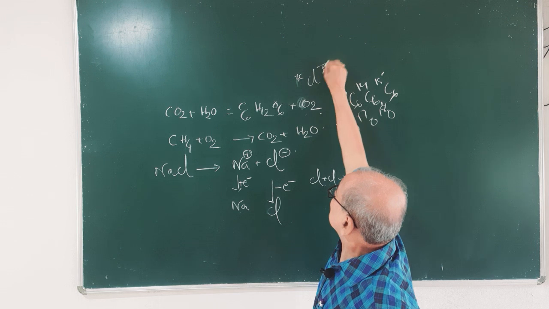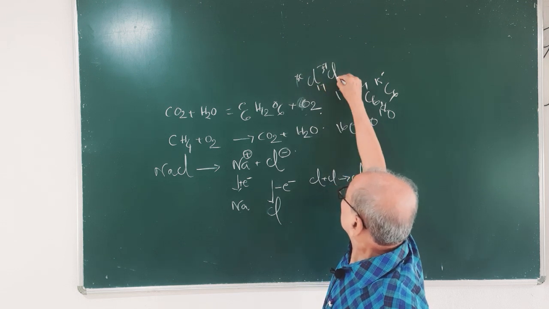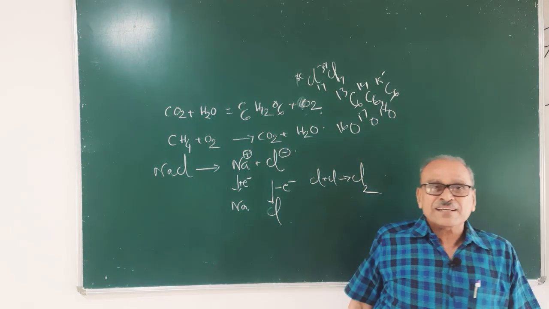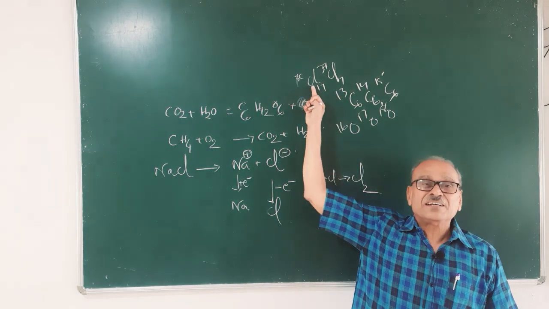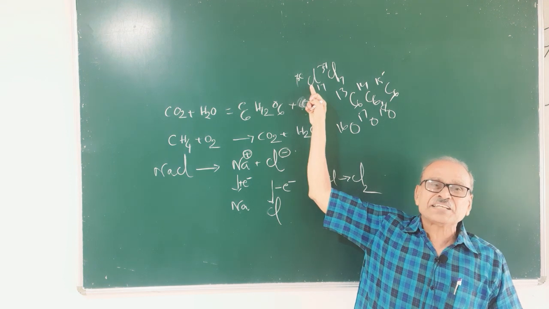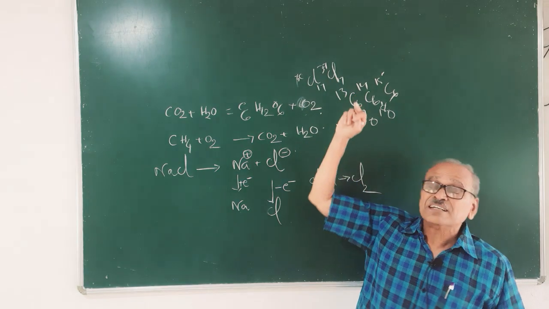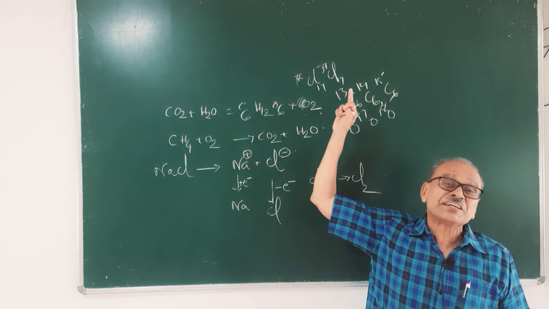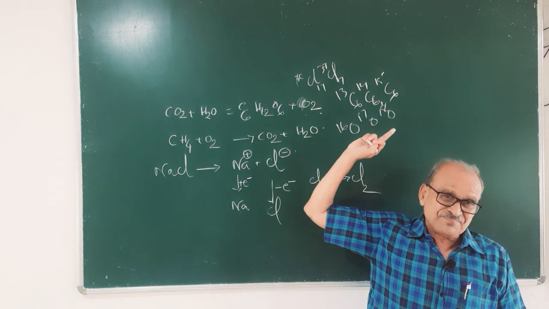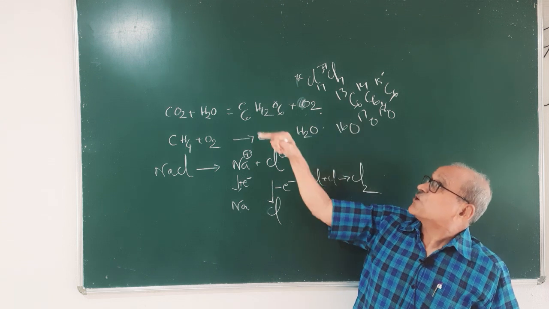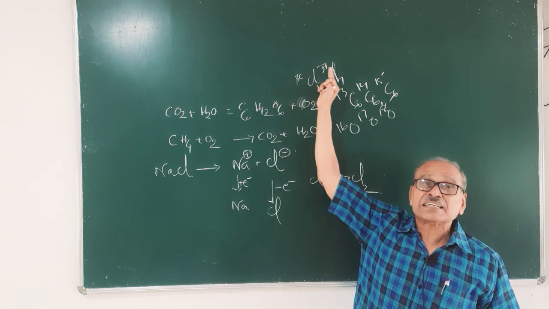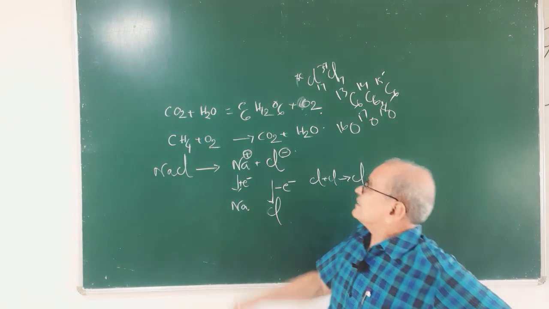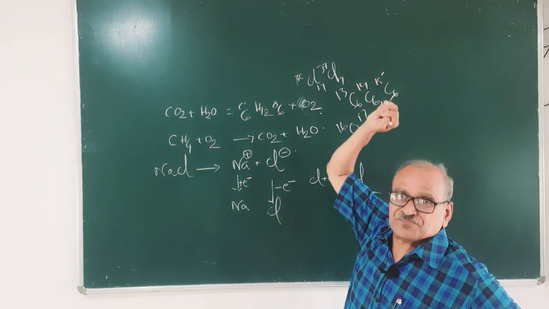Its atomic number is 17. That means Cl-35 contains 18 neutrons and 17 protons, whereas Cl-37 contains 20 neutrons and 17 protons. Now, the ratio of Cl-35 and Cl-37 is fixed in nature, approximately 3:1.